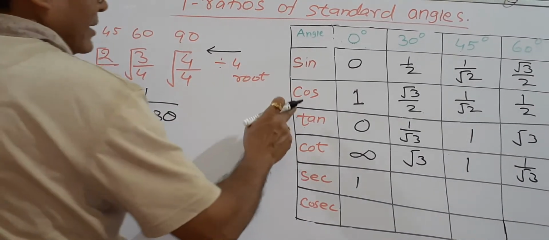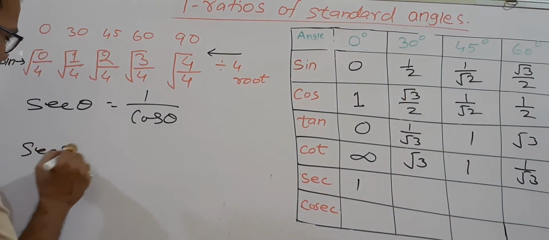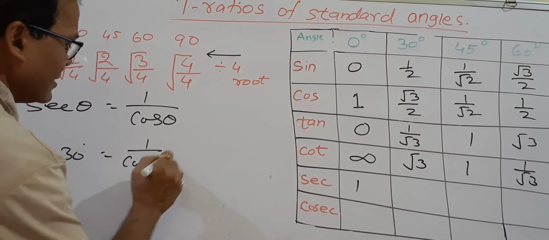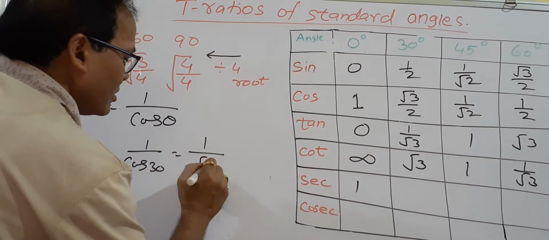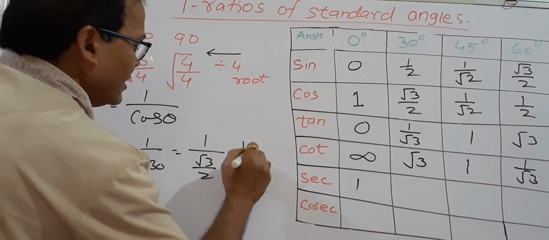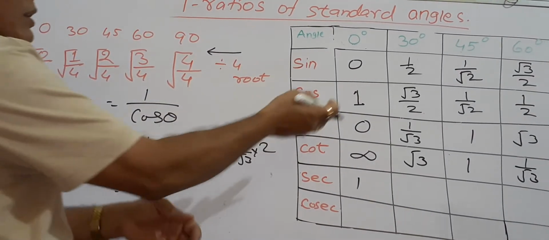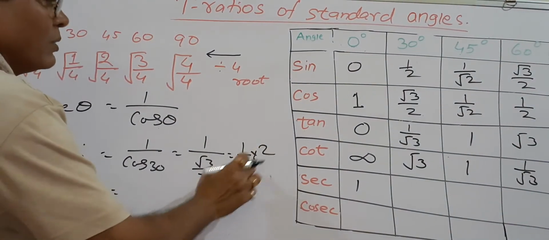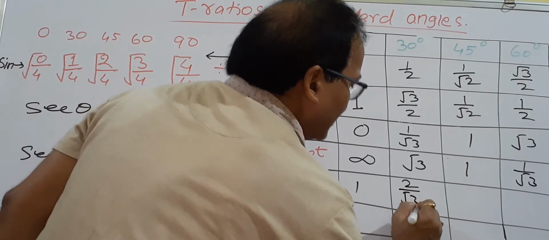Sec 30 is equal to 1 by cos 30. Cos 30 is root 3 by 2. So it will be 1 by root 3 by 2, the reciprocal. Numerator will be denominator and denominator will be numerator. So we will get 2 by root 3.